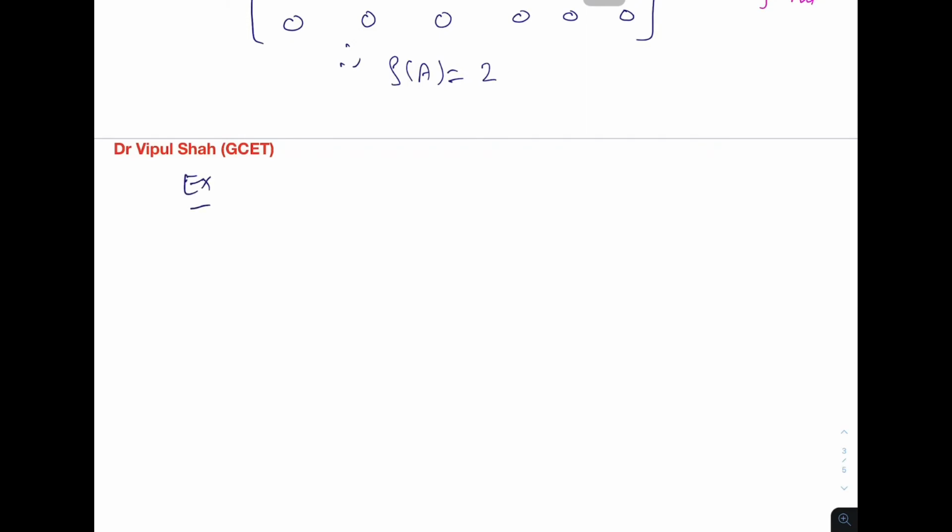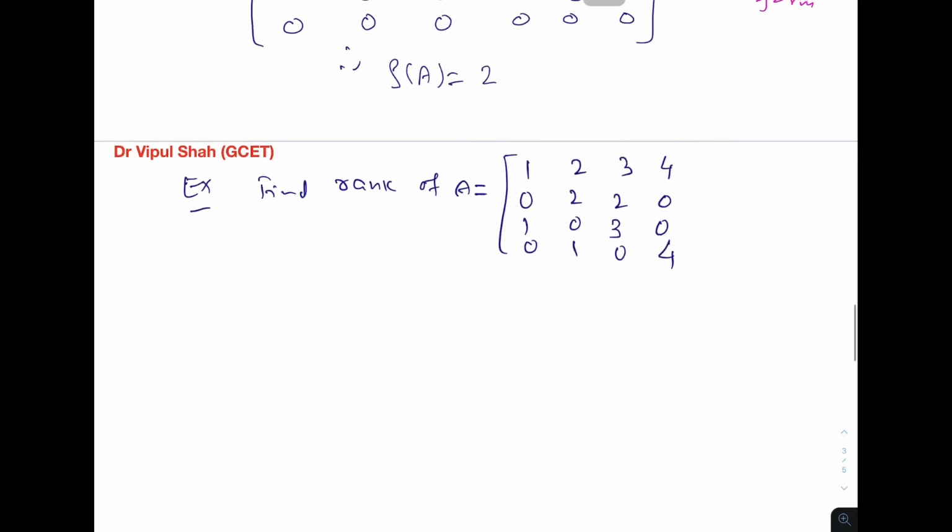Find the rank of the matrix A equal to 1, 2, 3, 4, 0; 2, 2, 0, 1, 0; 3, 0, 0, 1, 0, 4.